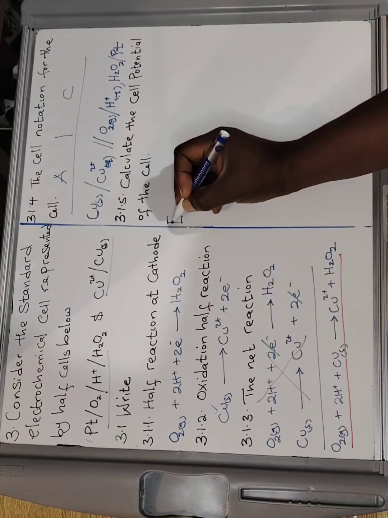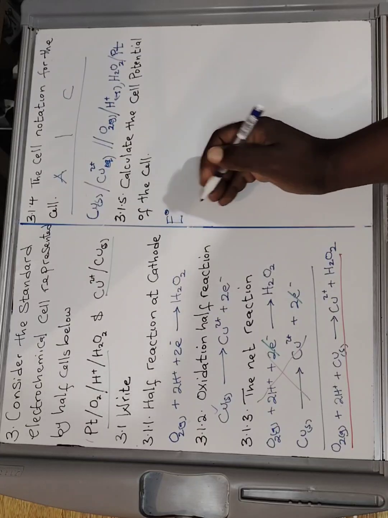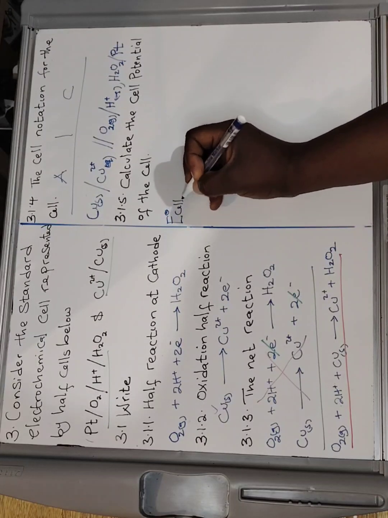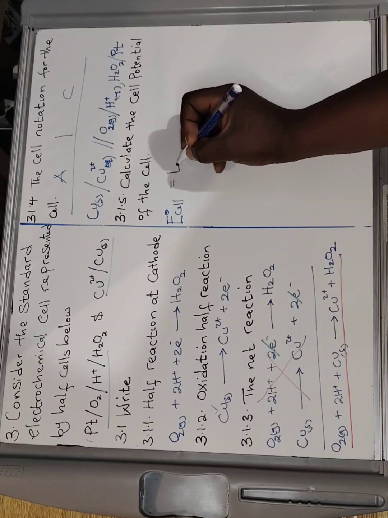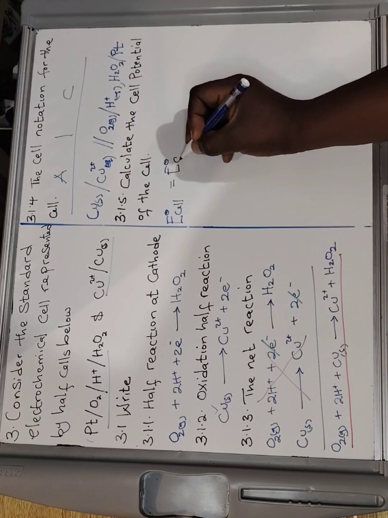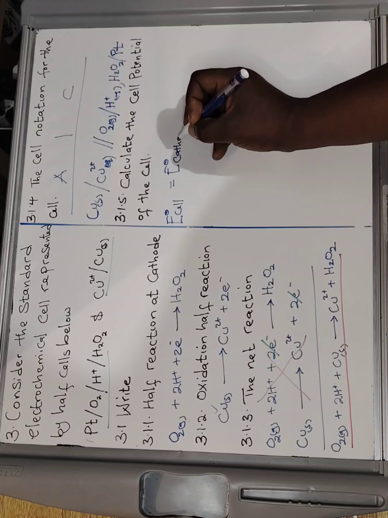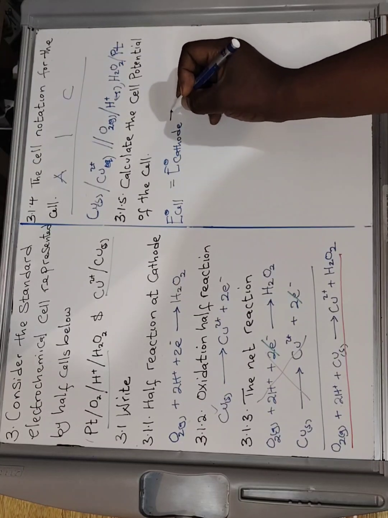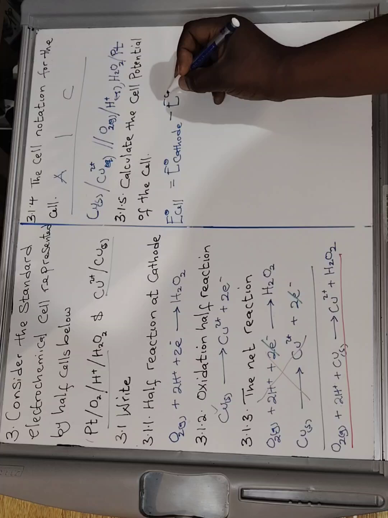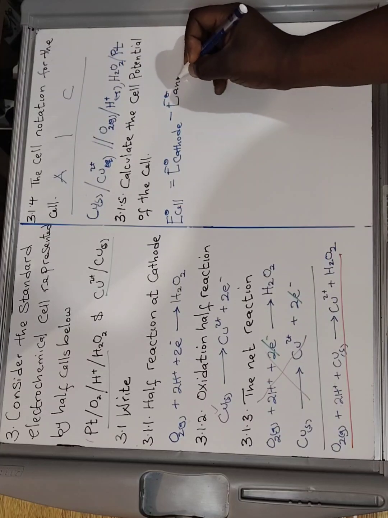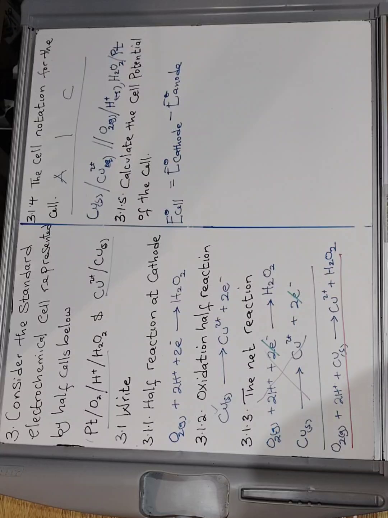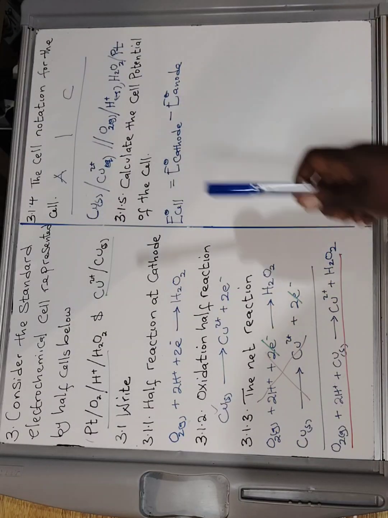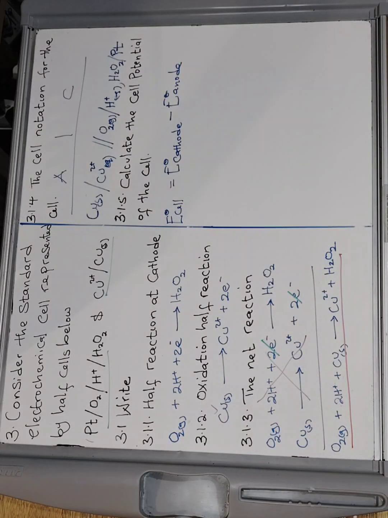It says that E naught cell, naught meaning standard conditions are applying, E naught cell is equal to E naught cathode minus E naught anode. From there you go to your table of standard electrode potentials and get those values.